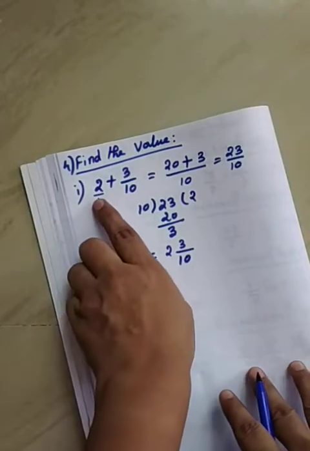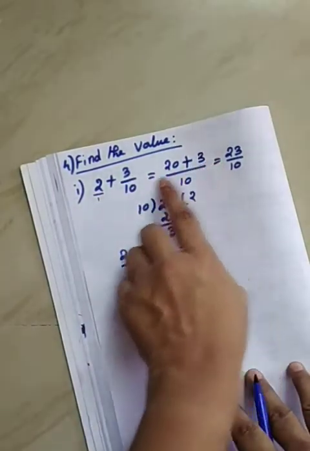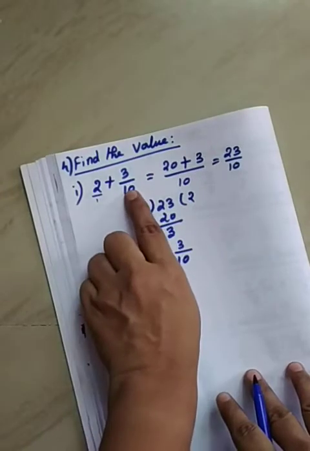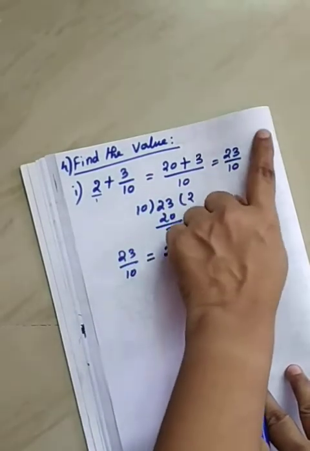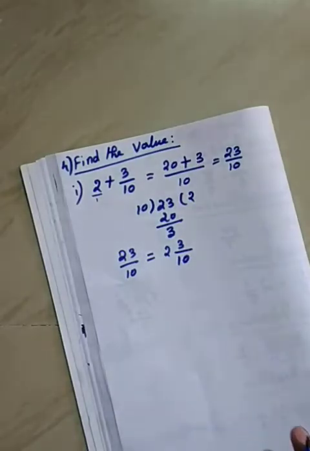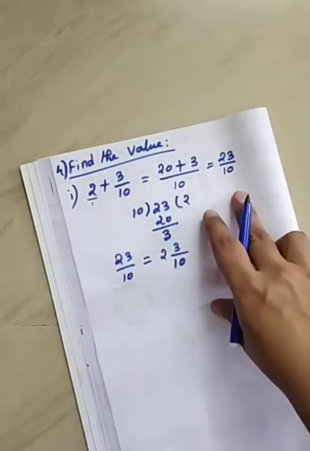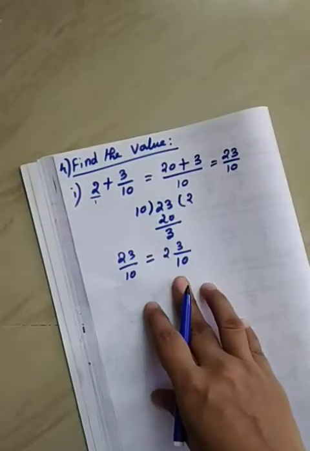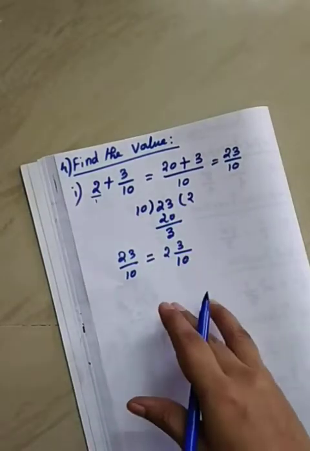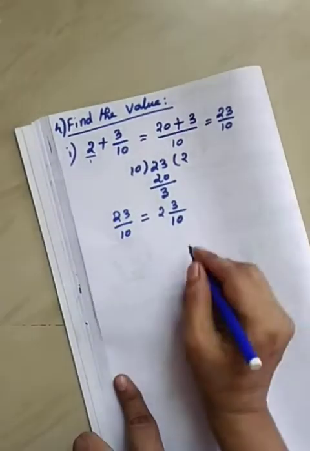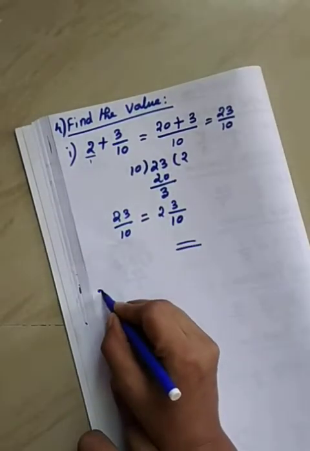Now you can multiply 1 into 3, 3. Next, 1 into 10, 10. Simplifying this, you will get 23 by 10. Now you have to change it to the mixed fraction, so you have to divide 23 by 10, and the result is 2 into 3 by 10. Clear? See the next one.